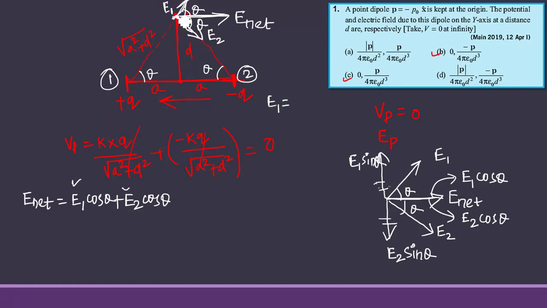The value of E1, due to plus Q charge, will be K into Q by R square. R means the distance between this charge and this point, which is root over a square plus d square. Due to the minus Q charge also, the direction will be different but the magnitude will be the same.